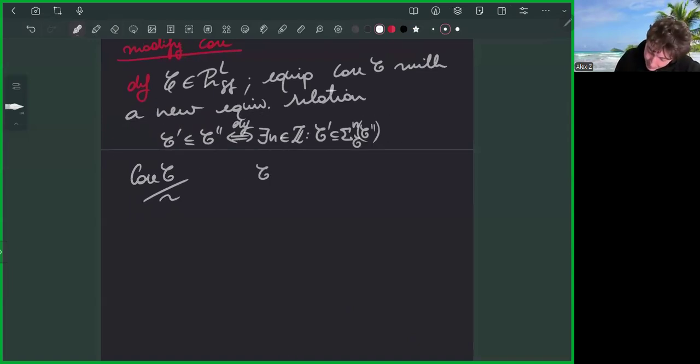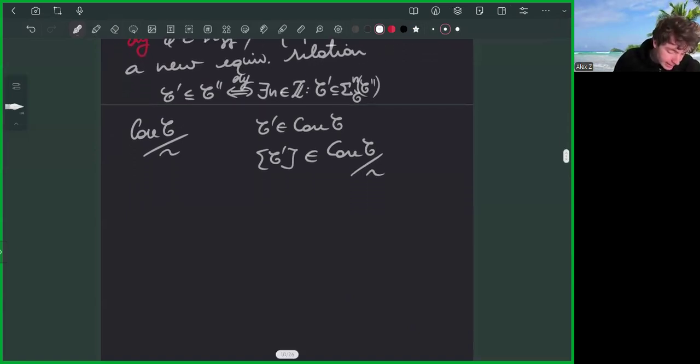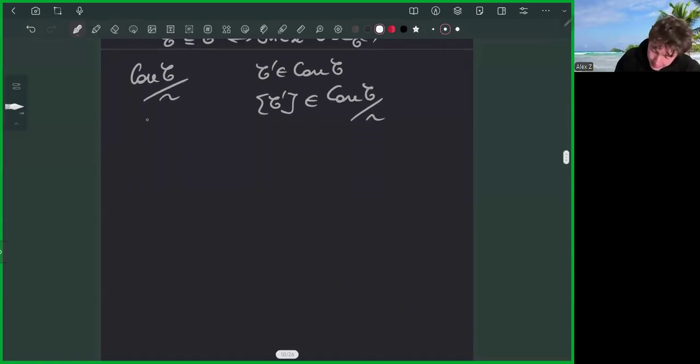And if C prime is a core, let me write C prime for the associated equivalence class in core C. And in particular, we note that this here is a poset with respect to the less or equal to.